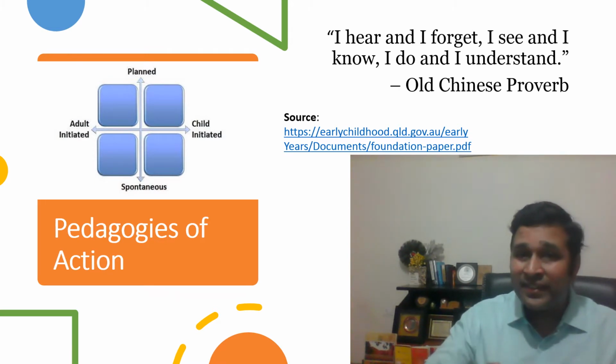When he sees it, he is likely to know it. But when he does it, he understands. So practice is the best form through which knowledge and skills can be imbibed, and even habits can be developed. And practice is also the way through which new attitudes and values can be developed.